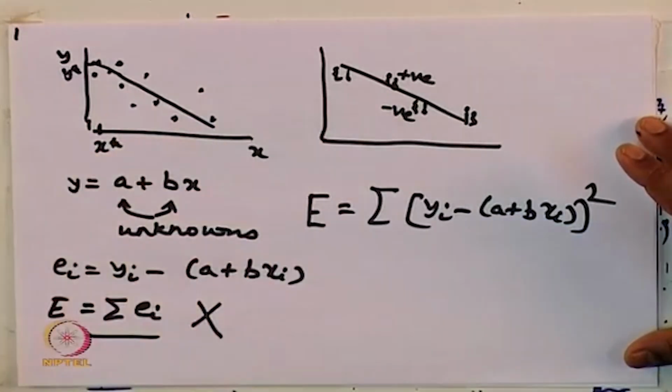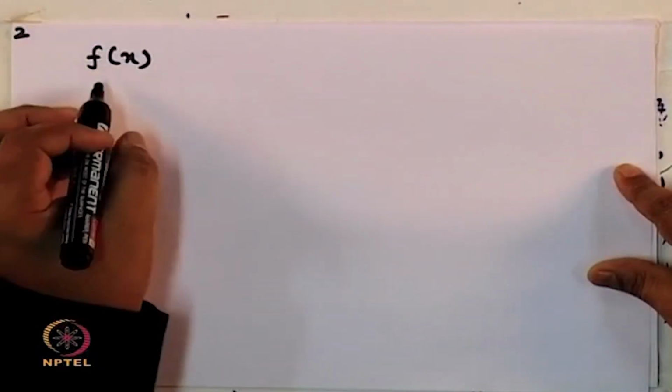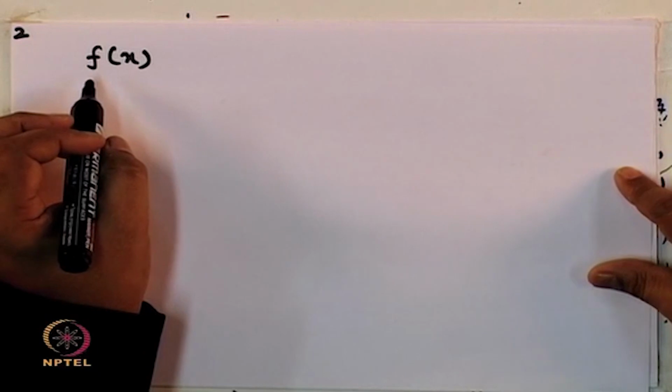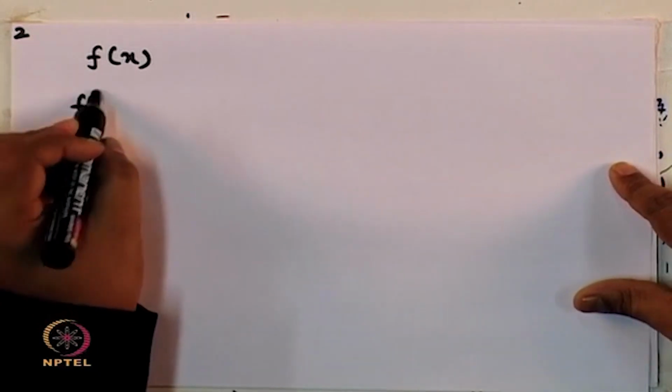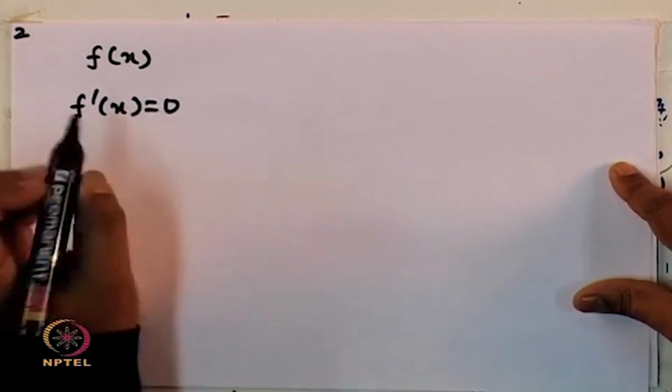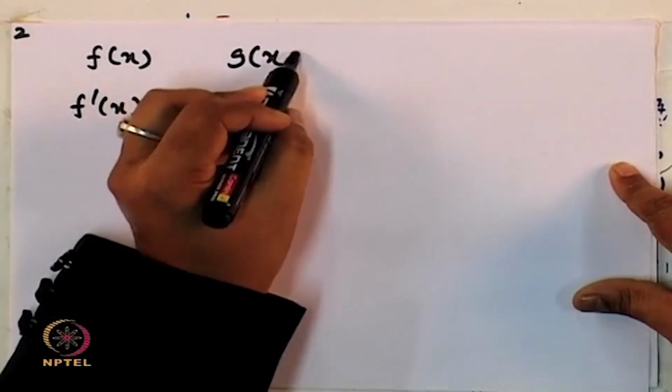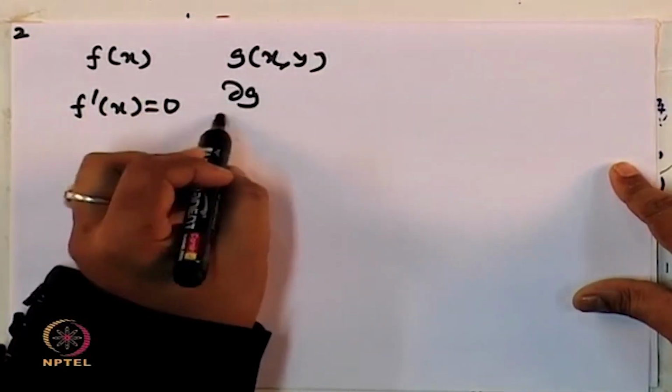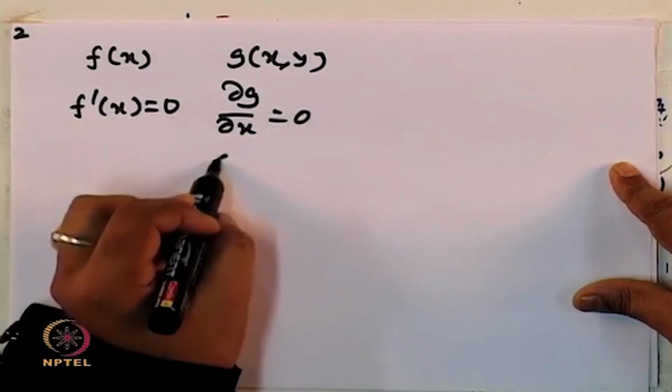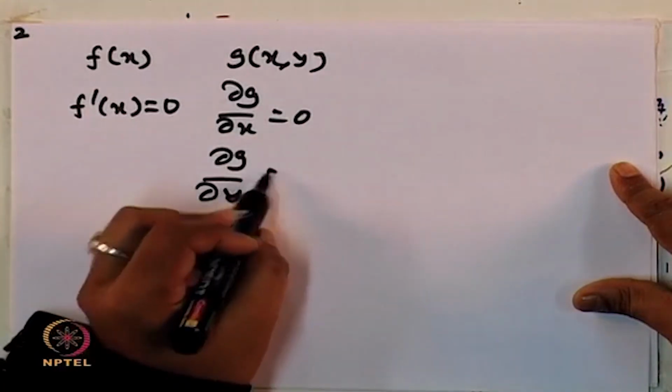And we had briefly discussed that, as opposed to a function of a single variable where, if you have f of x, to find the value where it is minimum you set f prime of x equal to 0, when you have g of x comma y, you set del g del x equal to 0 and del g del y equal to 0.